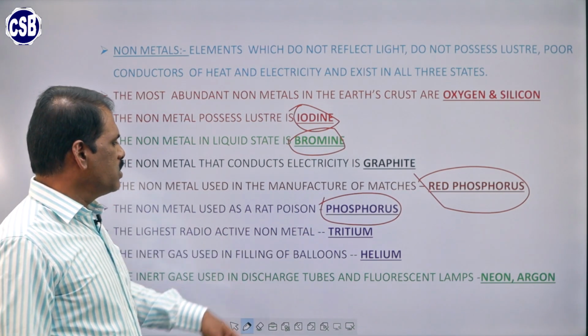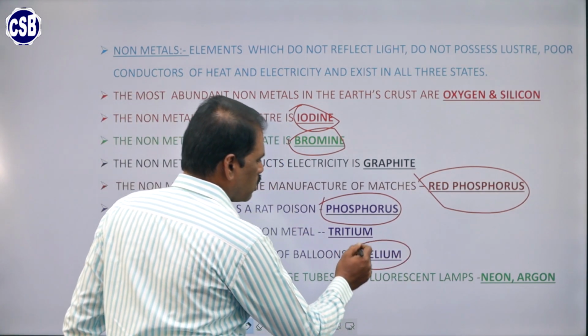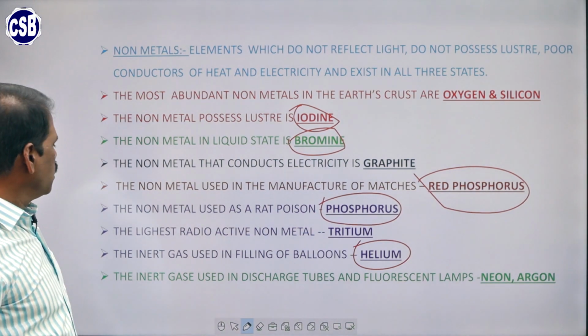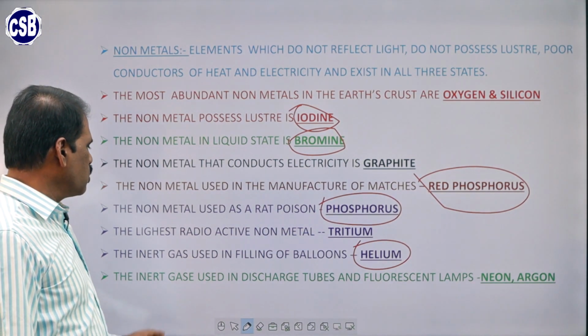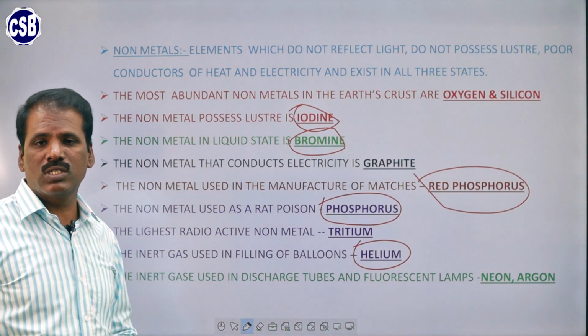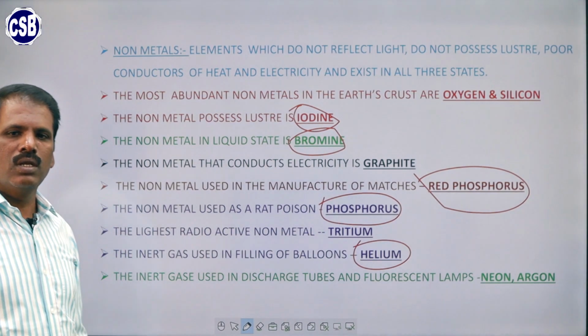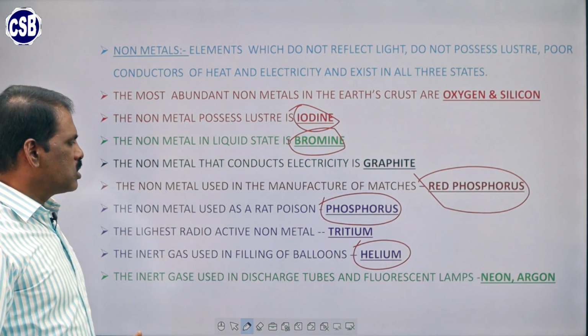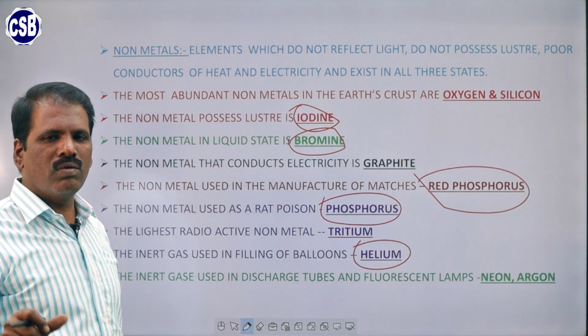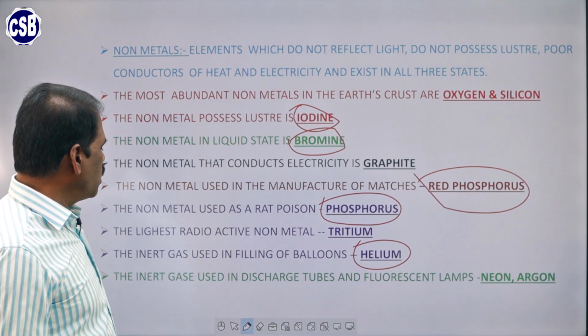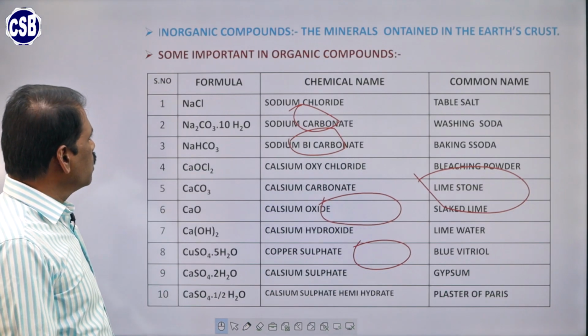Now helium is used, which is also the lightest inert gas. The inert gases used in discharge tubes or fluorescent tubes are neon and argon. These are inert gases. Neon and argon gases are used in glowing tube lights on sign boards and advertisement boards.